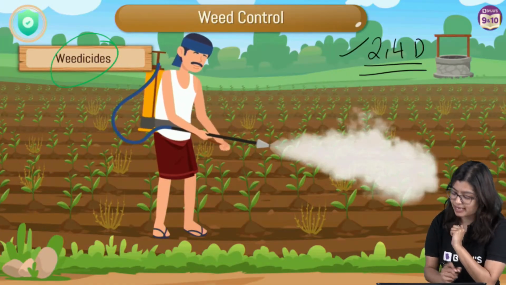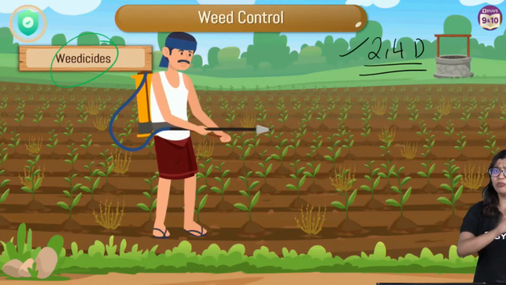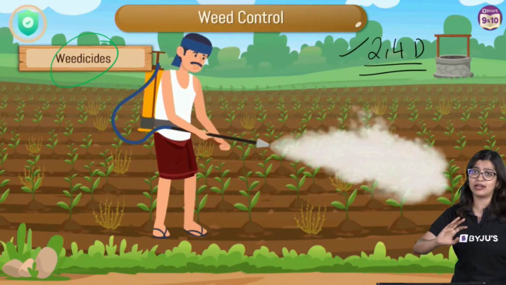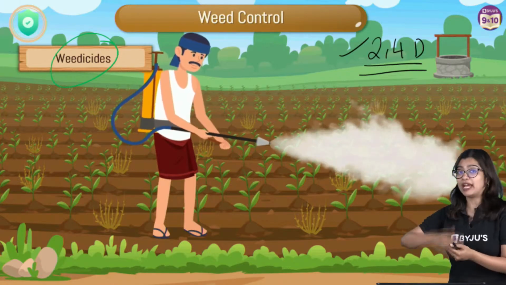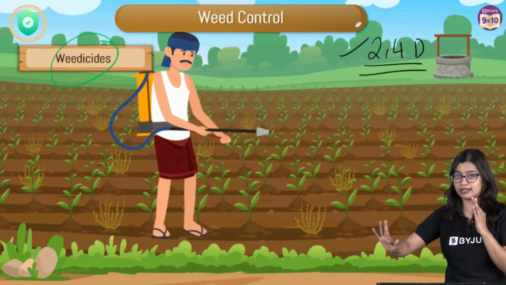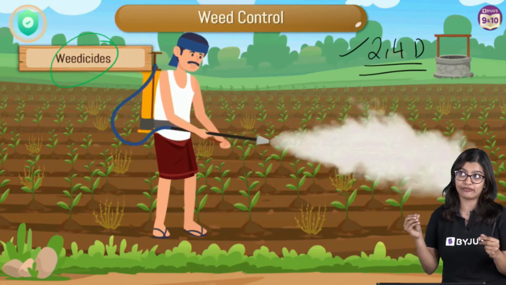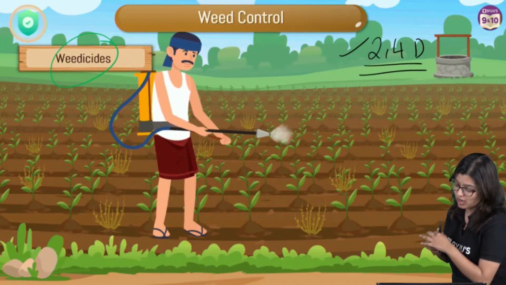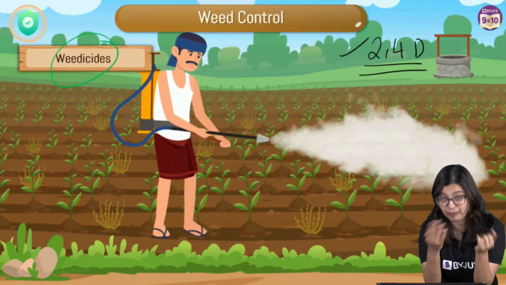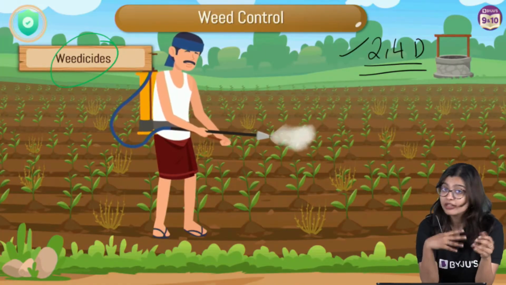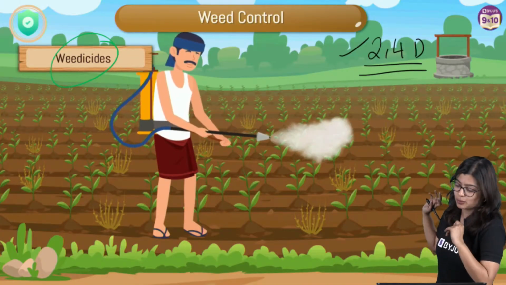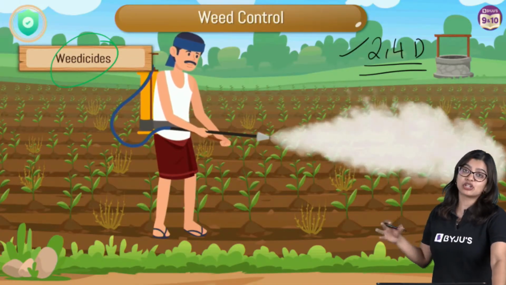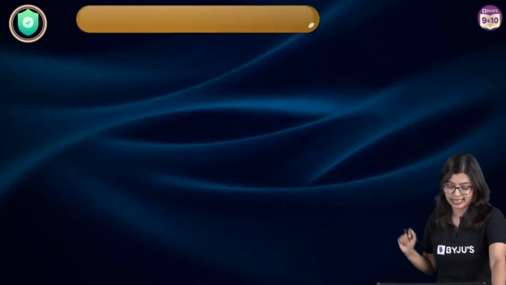For example, making sure that you prep the soil well, in such a way that there are no other kind of plants growing along with it. You do intercropping practices, crop rotation. They all help in controlling the growth of weeds as well, right? And even preventive measures for pests as well can be taken.